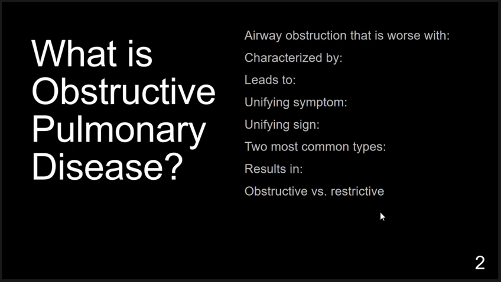And those that have restrictive lung disease may be obese, they may have conditions such as scoliosis or amyotrophic lateral sclerosis, which is ALS for short, restricting the ability to fully inspire the amount of air that is considered normal.